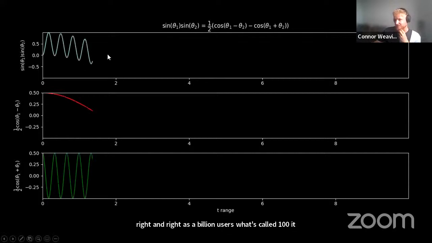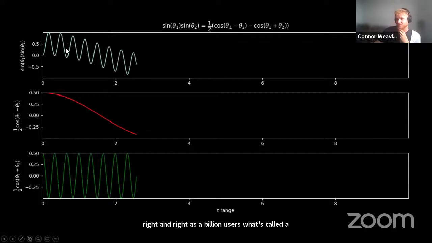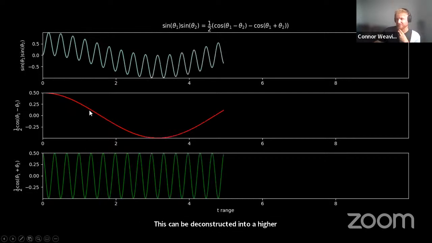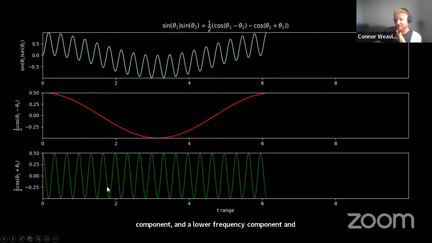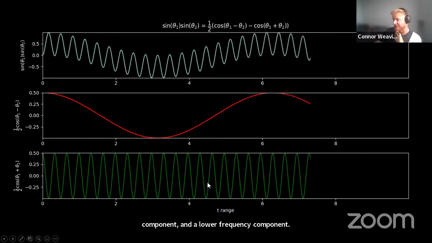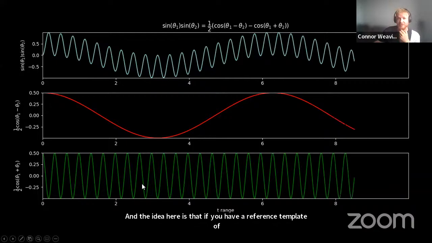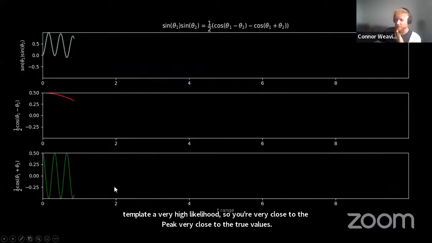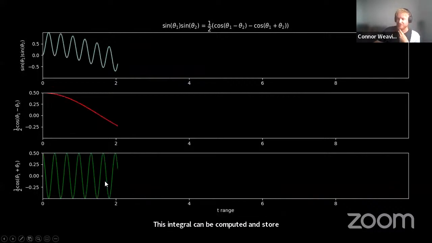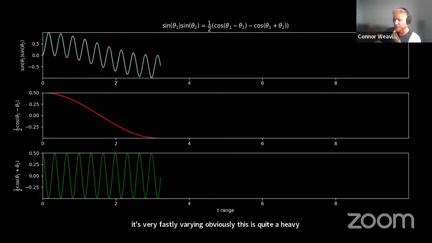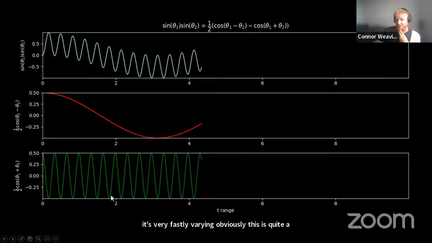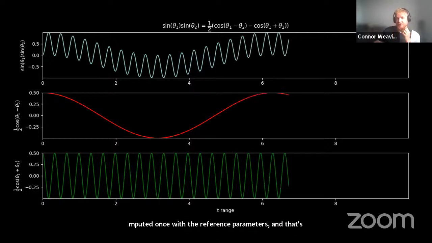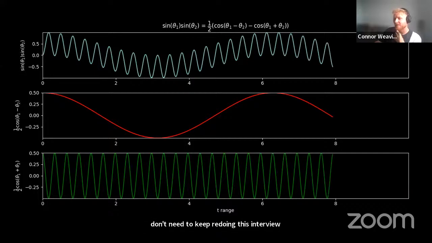So if this is your signal at the top, this can be deconstructed into a higher frequency component and a lower frequency component. And the idea here is that if you have a reference template, a very high likelihood, so you're very close to the peak, very close to the true values, this integral can be computed and stored. And because it's very fast varying, obviously this is quite a heavy computational cost, but if it only needs to be computed once with the reference parameters, then that's great because you can store that in memory and you don't need to keep redoing this integral all the time.